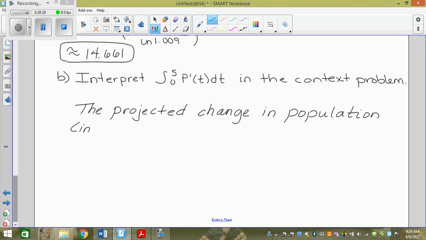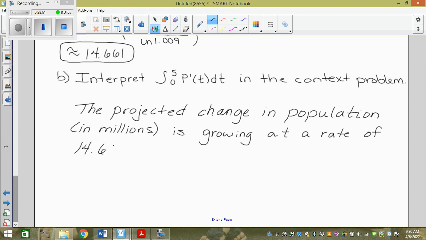In millions is growing, you have to put that because it's positive, at a rate of 14.661 million people from 2015 to 2020.